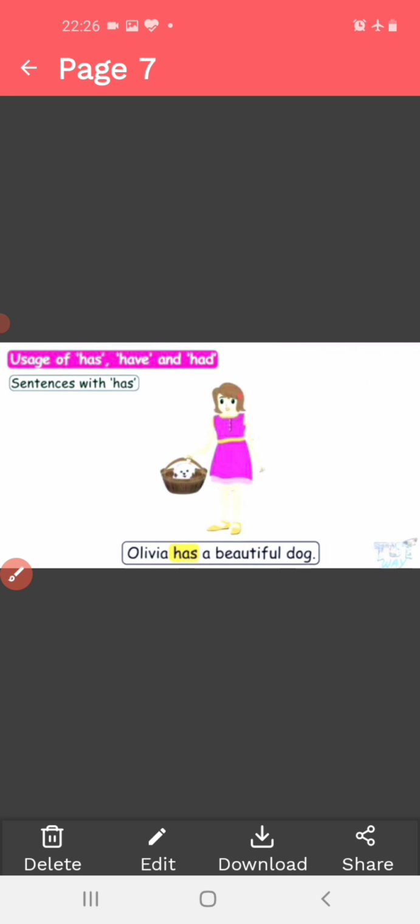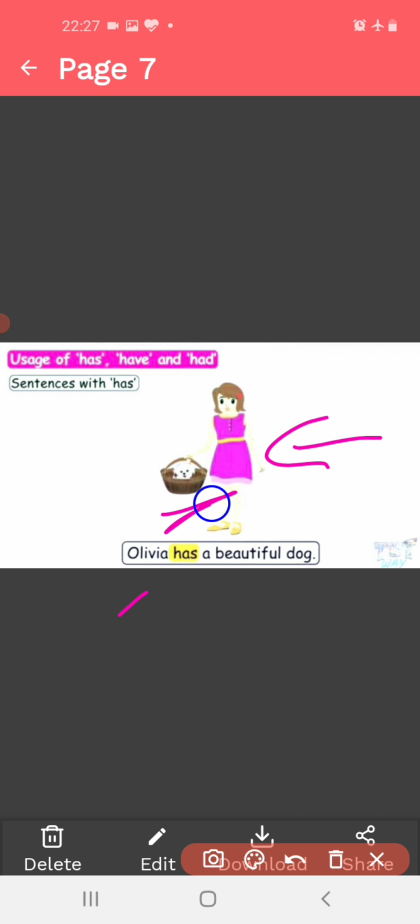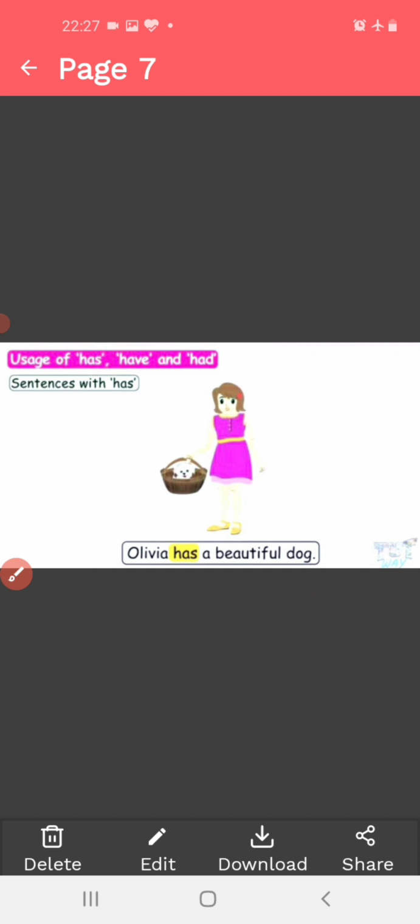See, here are examples. Olivia has a beautiful dog. Here you can see there is one girl, her name is Olivia, and she has a beautiful dog. So this has shows possession, means the dog belongs to this girl. Here we are talking about one girl, that's why has is used.